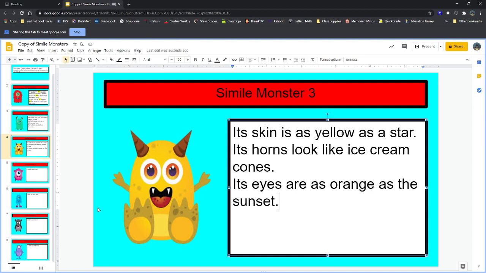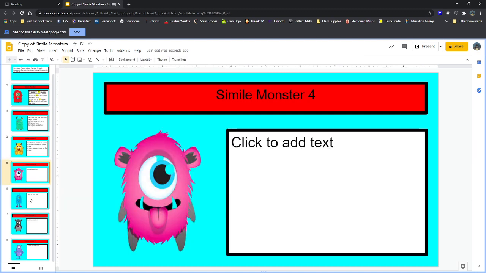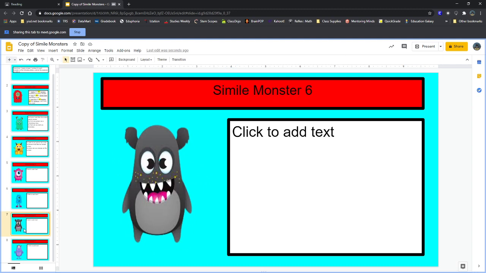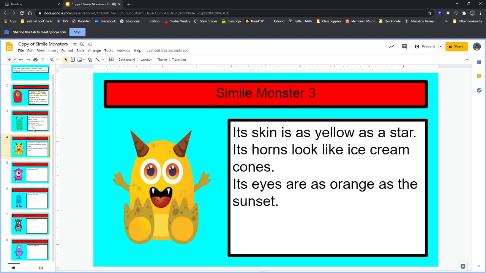All right. So again, each monster gets 3 similes. You could talk about the fur or the skin, the eyes, the teeth, the mouth, the feet, the arms, whatever. But you want to compare those parts to something else. And we need to use the word like or the word as. These last 4 are for you to do. So monster number 5, monster number 6, monster number 7, and monster number 8 are for you to do on your own.